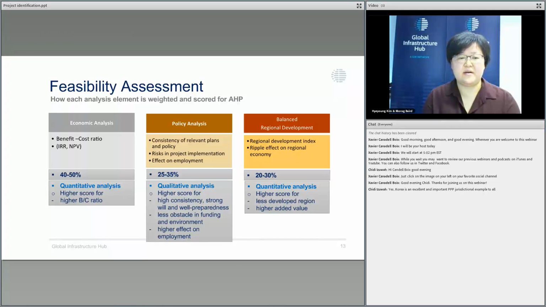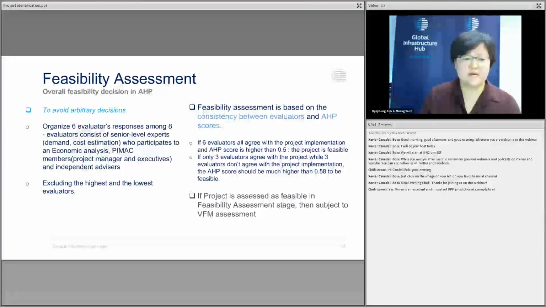Each element has its own weighting, and each evaluator assesses the feasibility for each analysis, and each analysis element is independent. The final goal is to decide the overall feasibility decision.